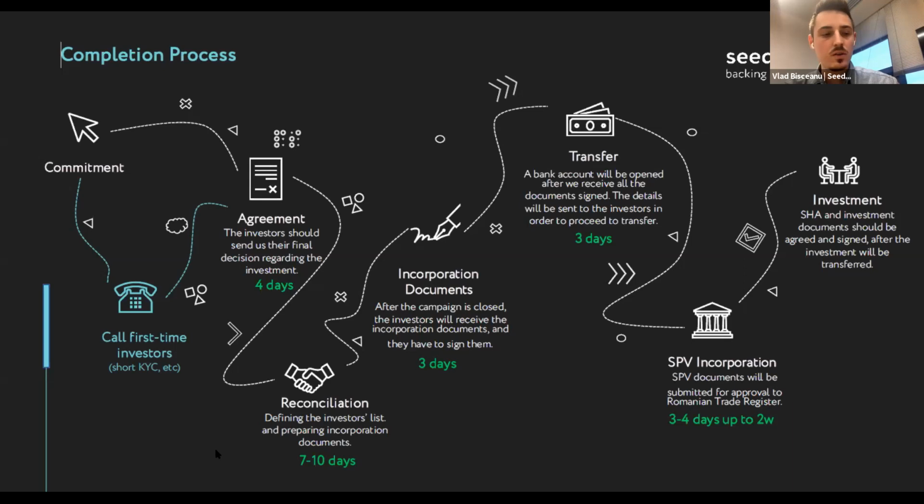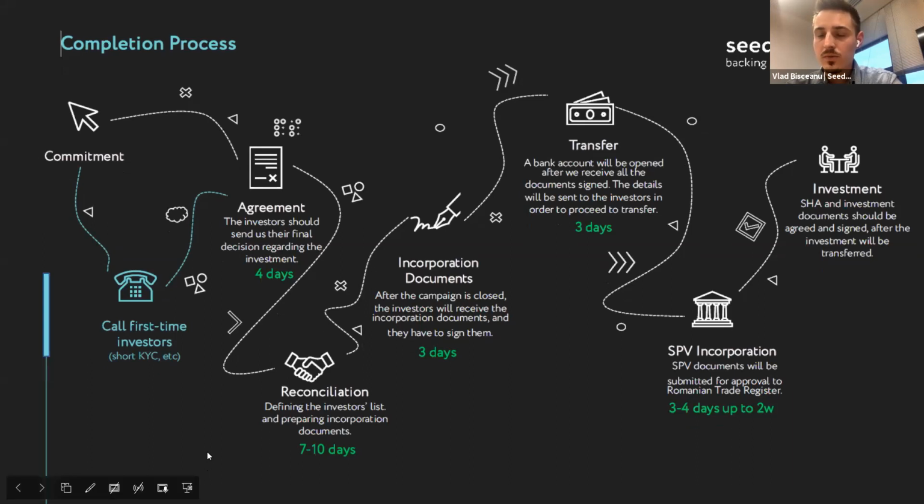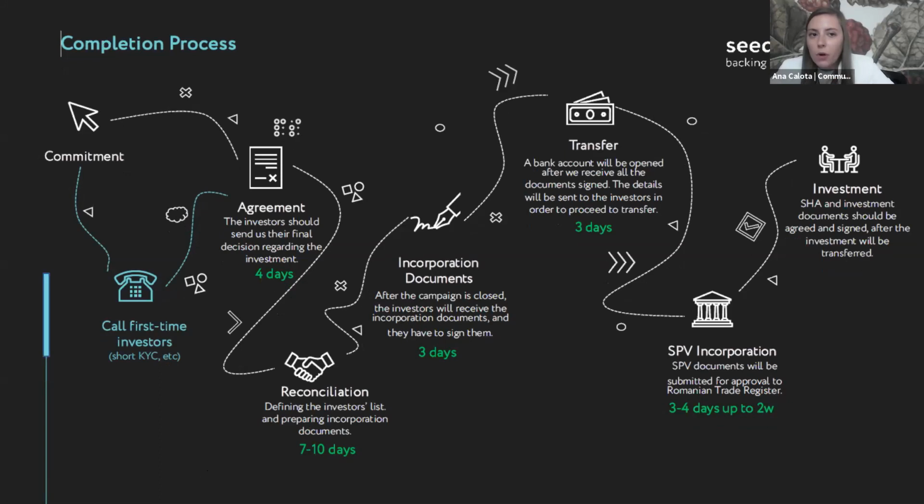All right, great. Another one, and this might be pretty interesting. What's the usual time frame from the moment when I sign up to when I can actually invest in a startup? Usually the completion process may take up to 8 weeks from the moment the campaign has ended. Due to the fact that each investor has 4 days for signing the agreement.